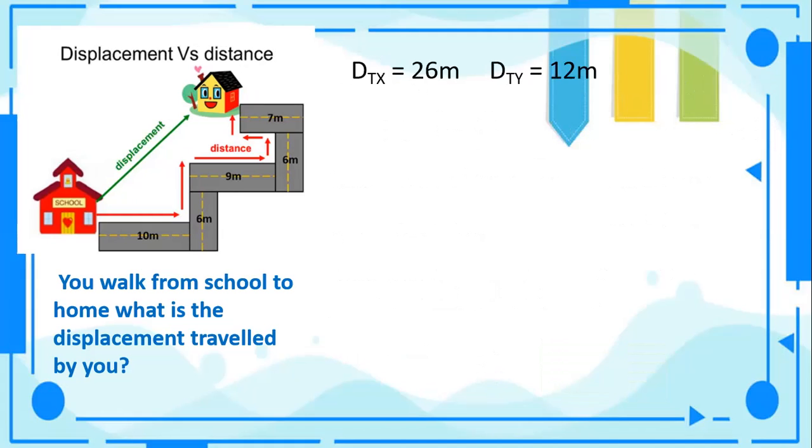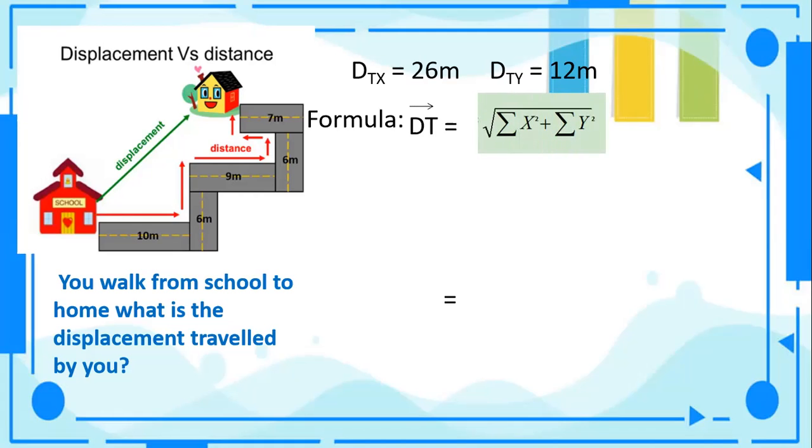So again, we have the x component equal to 26 meters and the y component equal to 12 meters. To solve the problem, we just simply substitute the givens to the formula. Just get the square of 26 meters and the square of 12 meters.